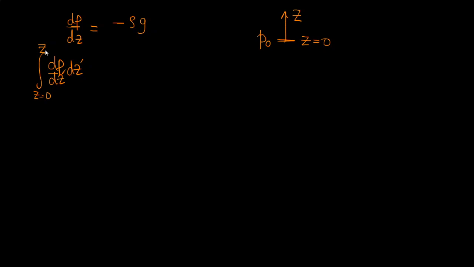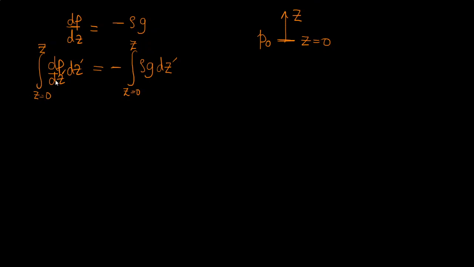I cannot keep both of them z. This has been taught to you in class 11, 12 or something. And so this will be minus integration of rho g dz prime, where z prime will now vary from z equal to 0 to some arbitrary z.